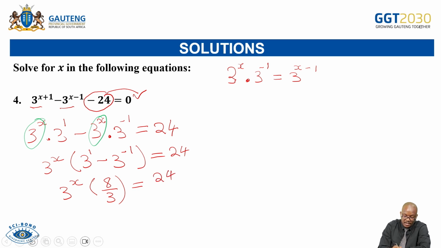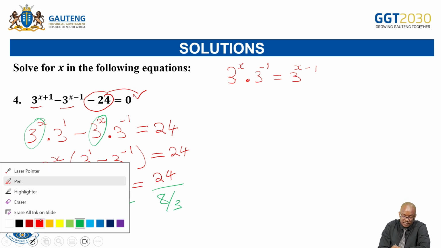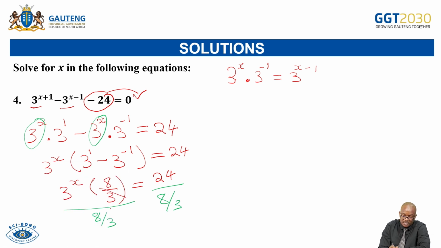Then now we get rid of 8 over 3. It means we are going to divide both sides by 8 over 3, and also this side we divide by 8 over 3. Then we are going to cancel out.